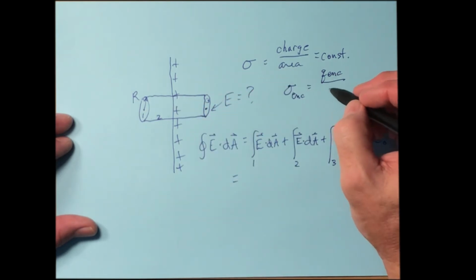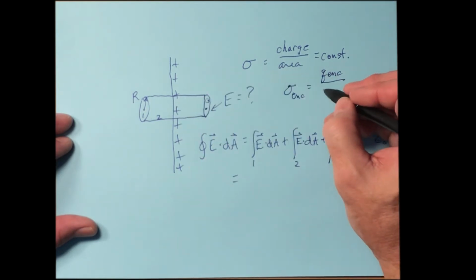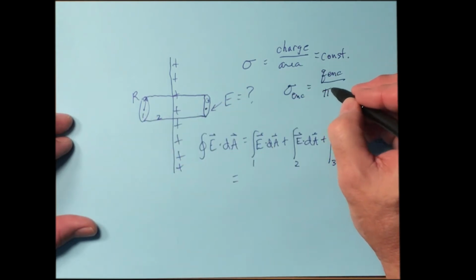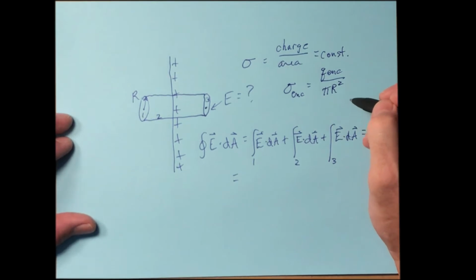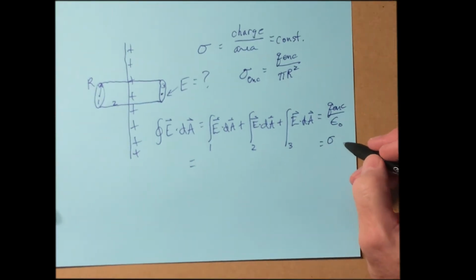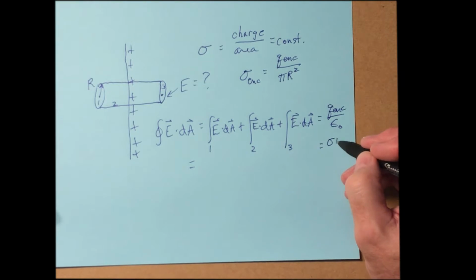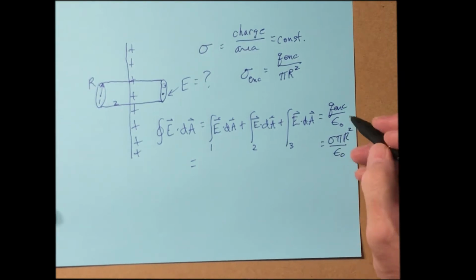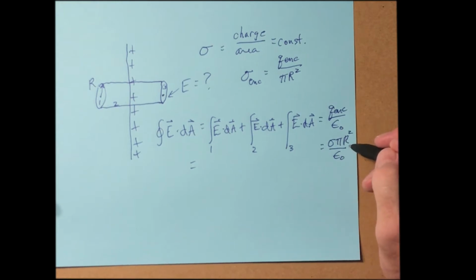So that's the charge per area. Well, how much area is that? It's just the projection of these flat surface areas here, so that's pi big R squared. So charge enclosed, solving this, is just sigma, which is a constant, times pi big R squared, over epsilon naught. So the right-hand portion is going to be that.